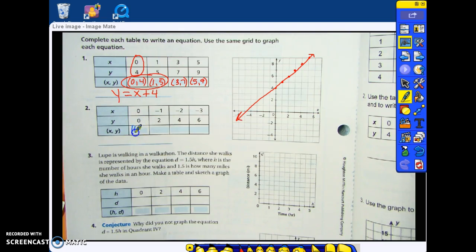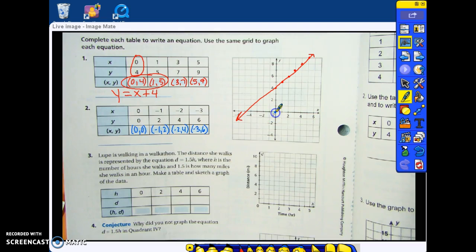We have the points 0, 0, negative 1, 2, negative 2, 4, negative 3, 6. So we can find the equation with ordered pairs using the math that we have already used, or we can graph each of these pairs.